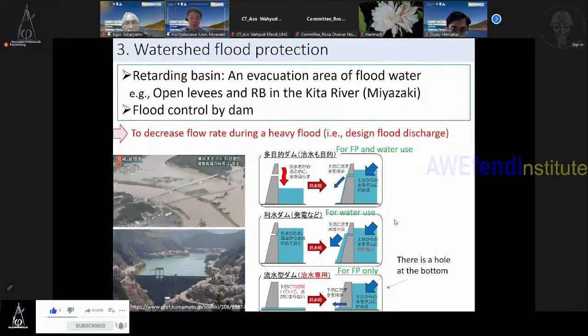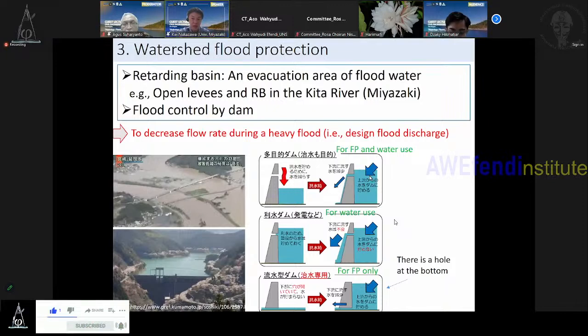That means the dam has a role of not only flood protection, but hydropower or other water use. In the normal condition, the water is stored in the dam reservoir. But if heavy rainfall is predicted, the water level of the dam is decreased.